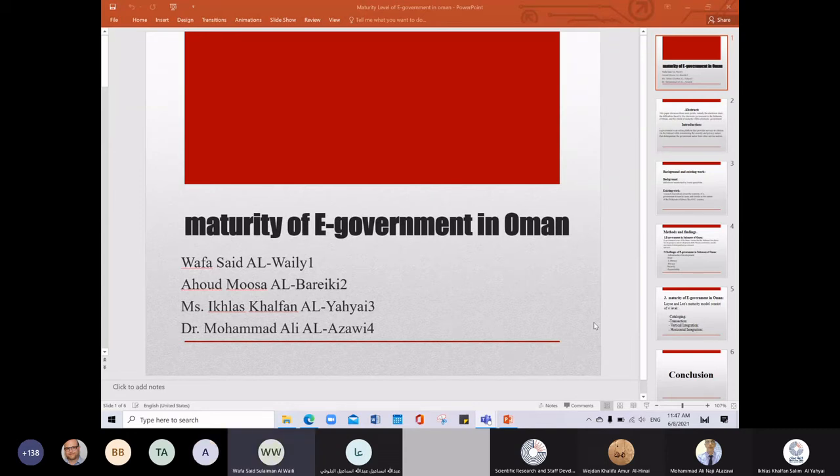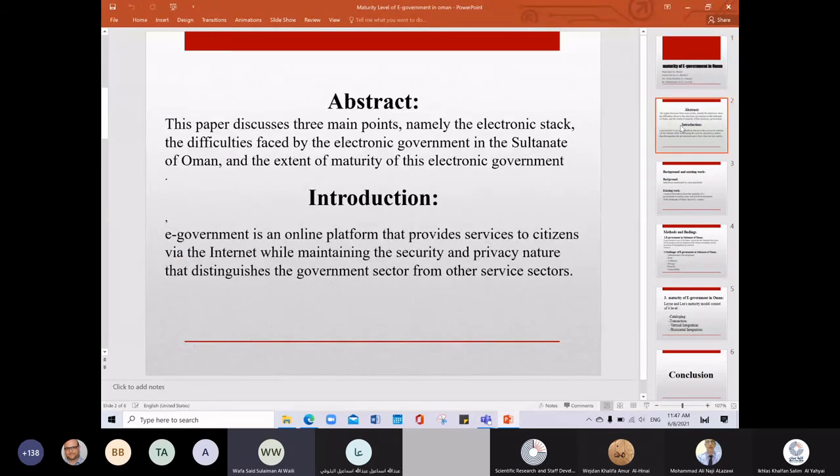Assalamu alaikum. Hello everyone. I am going to talk about my research, the maturity of e-government in Oman. New terms have emerged with modern technology development, and one of these terms is e-government.